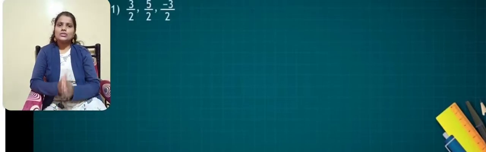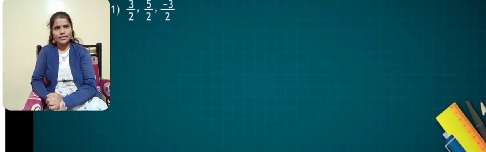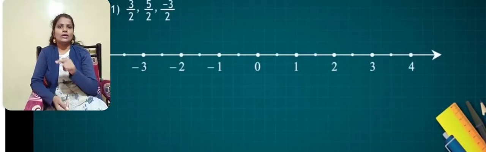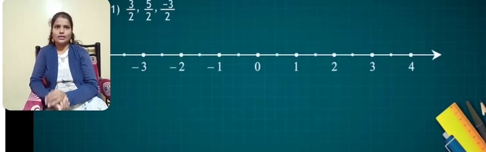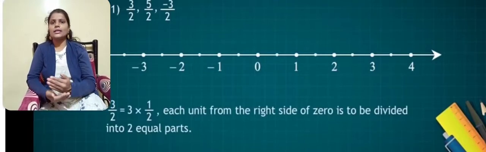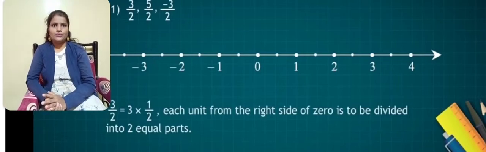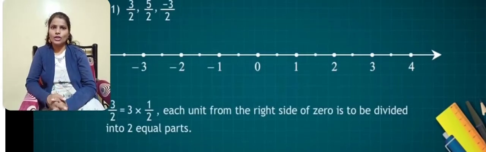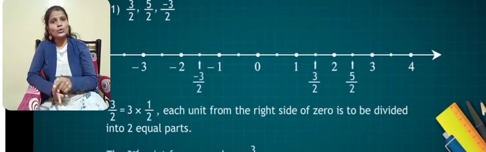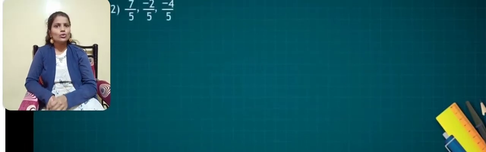The given examples are 3 upon 2, 5 upon 2 and minus 3 upon 2. So 3 upon 2 is equal to what? 3 multiplied by 1 upon 2. Each unit to the right side of 0 is divided into 2 parts.